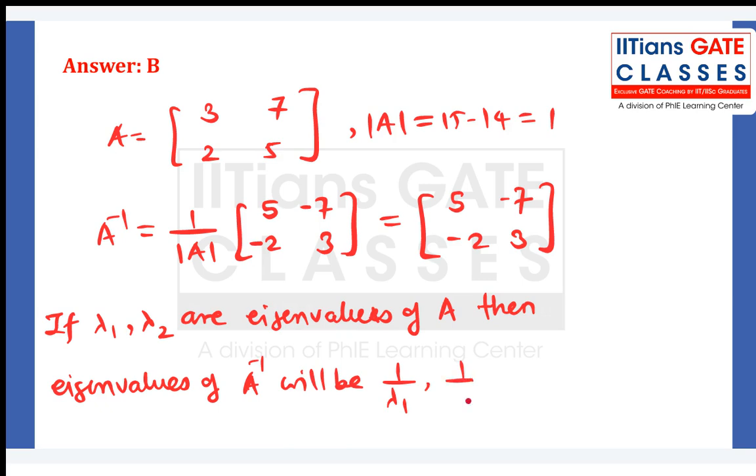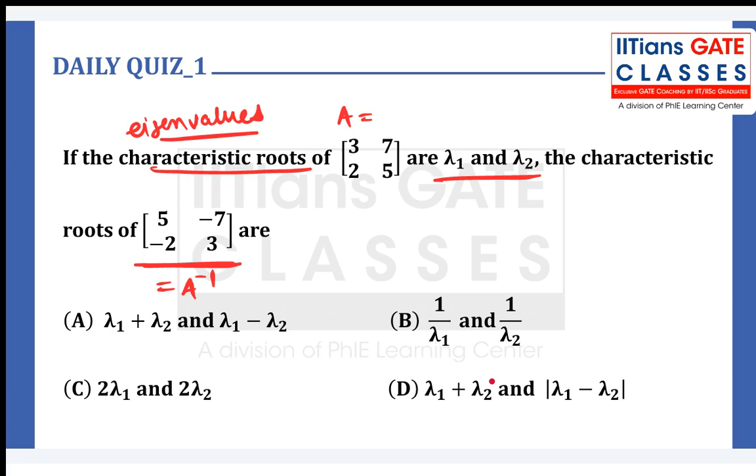For any matrix, the eigenvalues of its inverse are the reciprocals of the original matrix eigenvalues. That's a standard property, and that is why the correct answer should be option B.